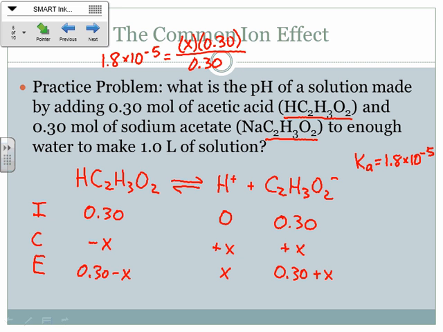Alright, now notice, these just cancel out, so our x here is just going to be equal to 1.8 times 10 to the negative fifth. Okay? And it's asking what's the pH of this solution. So the pH of the solution, the x we just solved for is the H plus concentration. Okay, so now if we just take the negative log of that number, then it's 4.74.